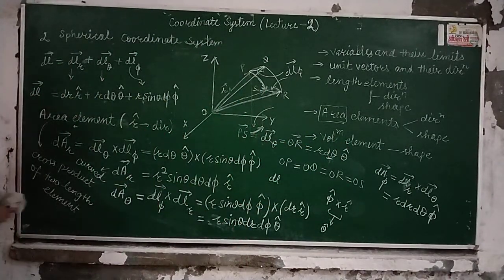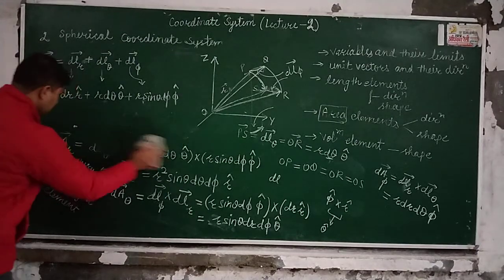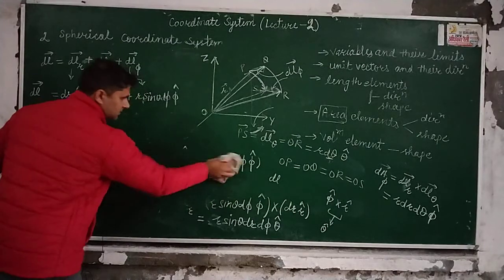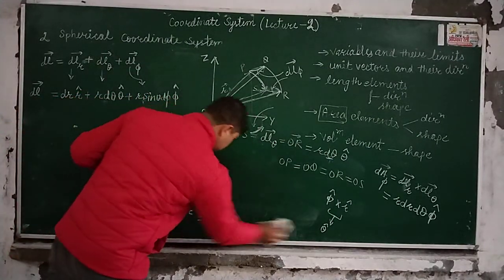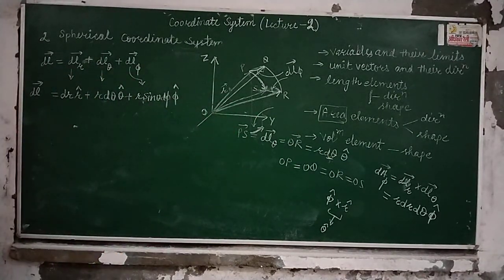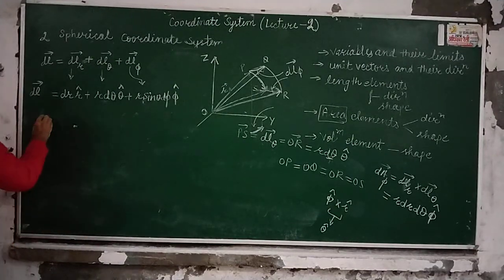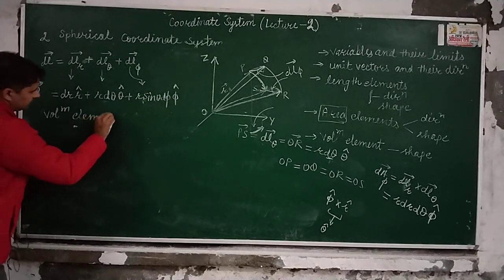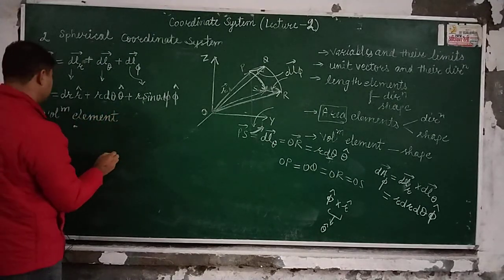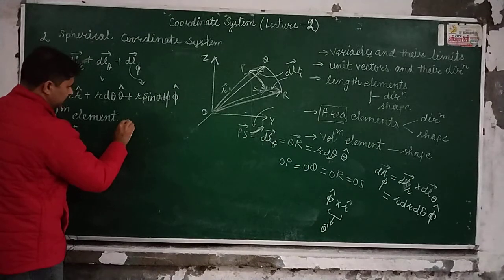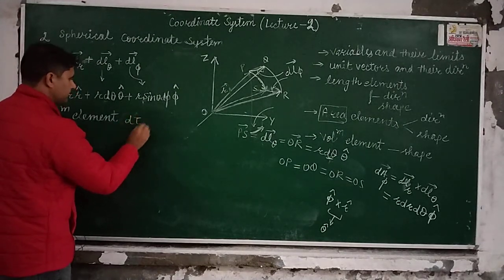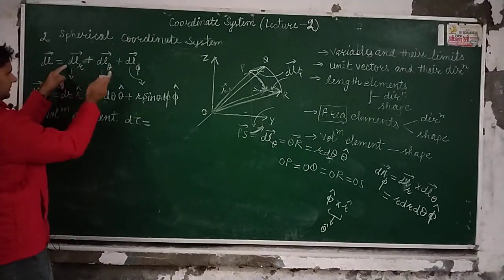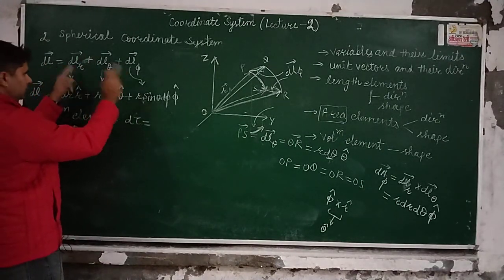So now come to volume element. You know that to find the volume, we take the scalar triple product. So the volume element in the spherical coordinate system, let me represent it by d tau, is given by the scalar triple product of length elements along r, theta and phi direction.